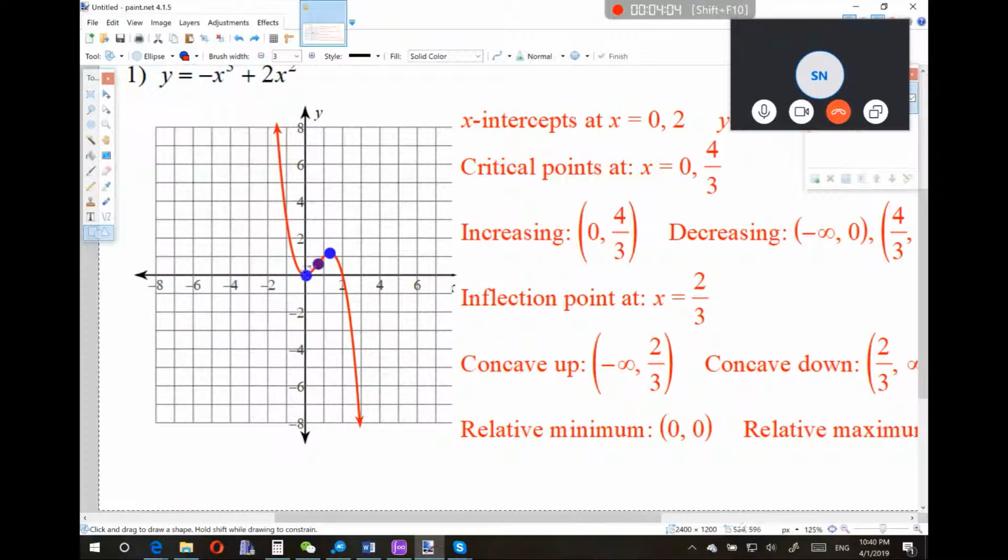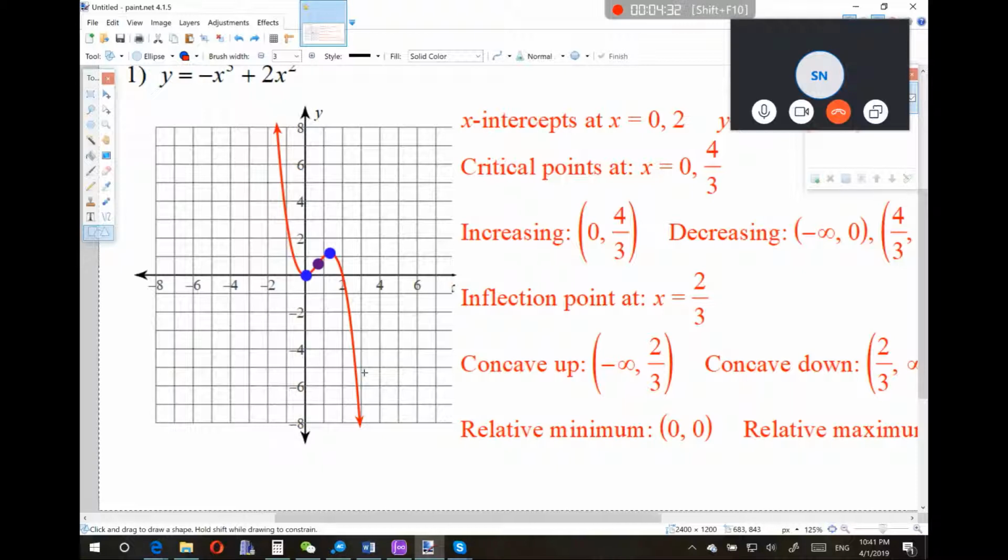Is this relative minimum the absolute minimum? No. Why not? Because it keeps getting smaller when it's going to the right. Right. So absolute minimum is the smallest possible value on the entire function, but a relative minimum is just relative to the points around it.